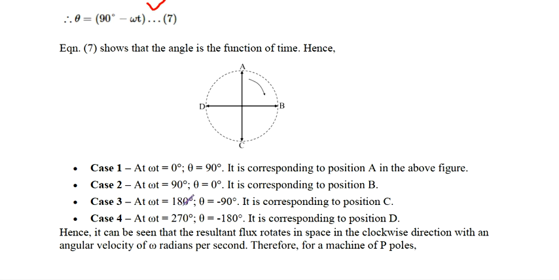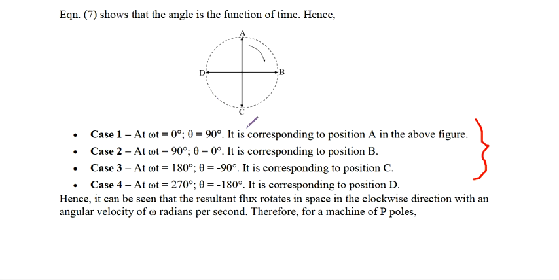At omega t equals 180, theta will be minus 90. So like this, the position of the resultant flux is changing. So that means the resultant flux rotates in space in the clockwise direction with an angular velocity of omega radians per second, right? Because this is omega, which is radians per second.